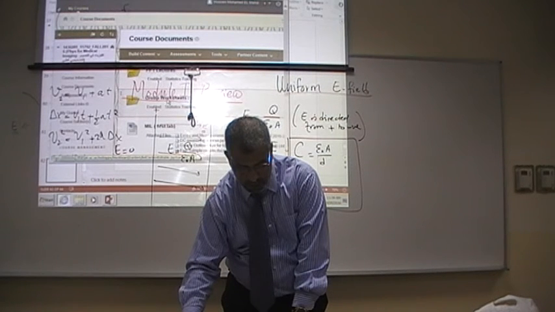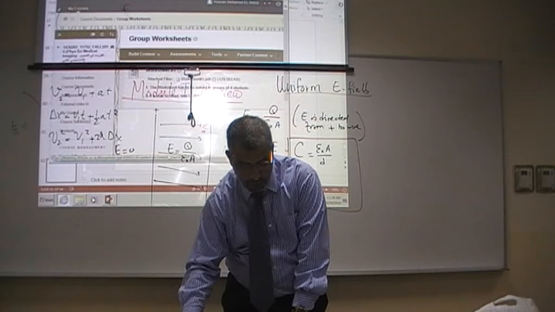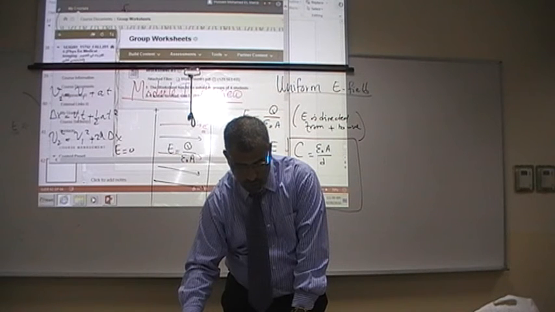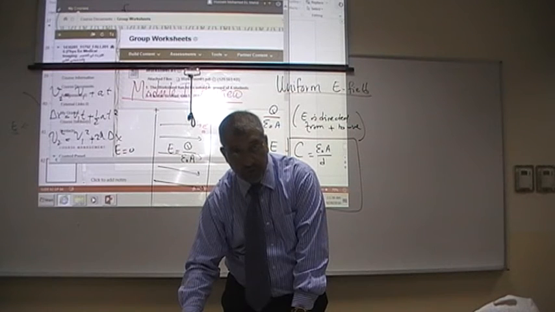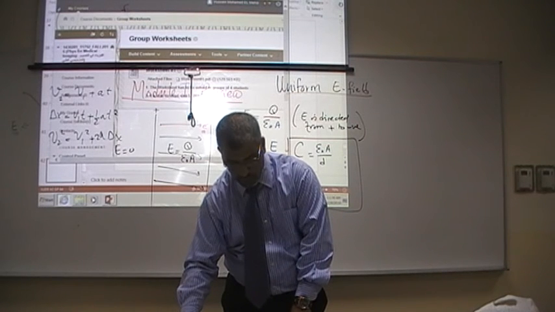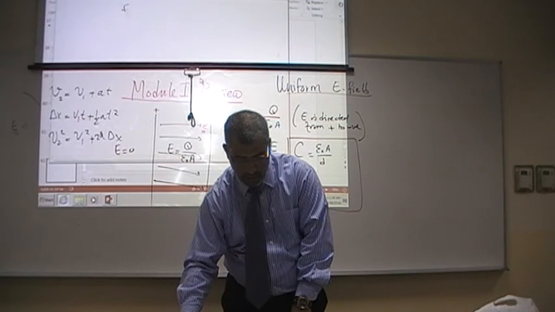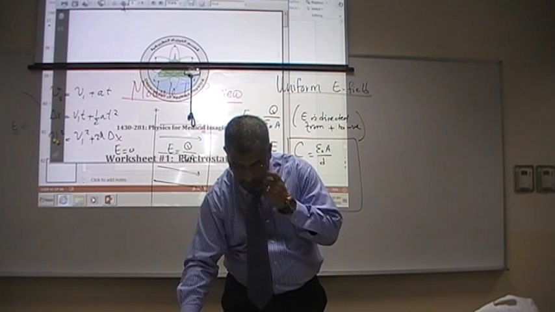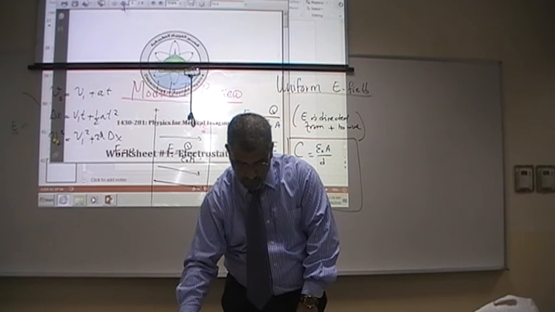The first worksheet has to be solved in groups of 4 students, and it is due on Wednesday, October 5. So I'm giving you 1 week to do it. You shouldn't need that long, but for the first time, let's just do it and see.